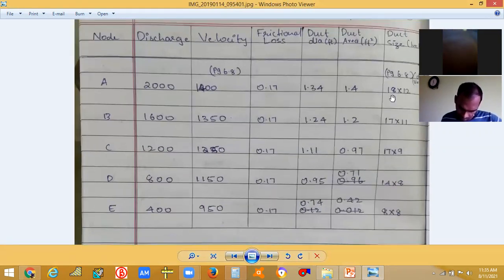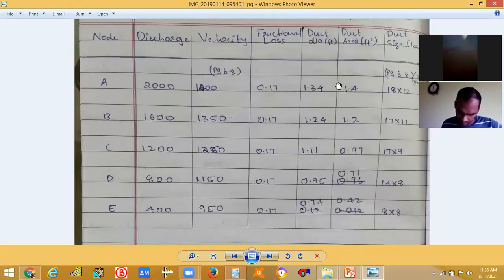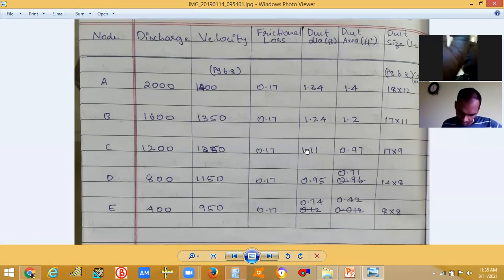And you got the diameter of the duct. If it's a round duct, you can choose this 1.34, 1.24, 1.11. So to convert this diameter into a rectangular duct, we have a tabular column. If it was a round duct, this value would be enough.